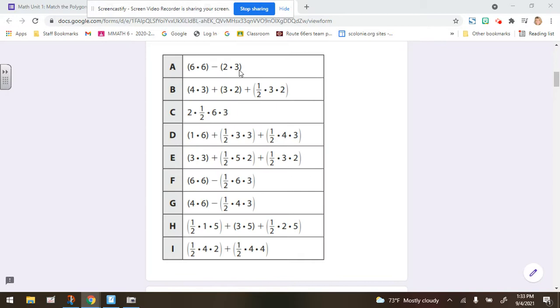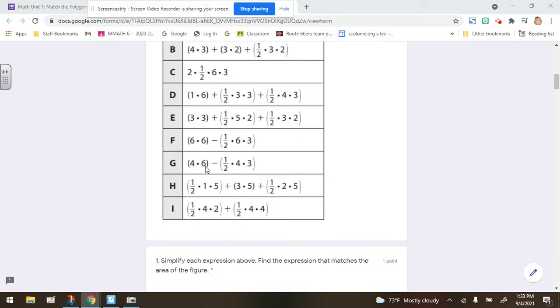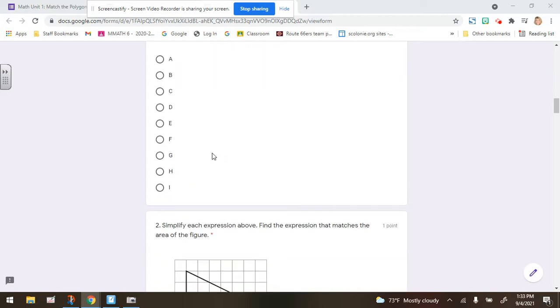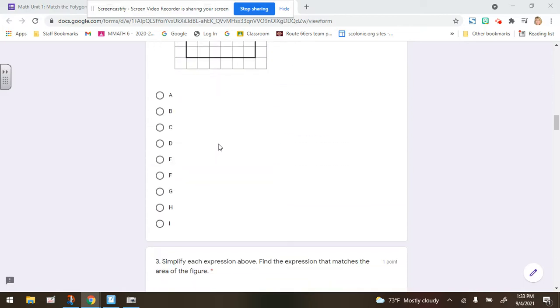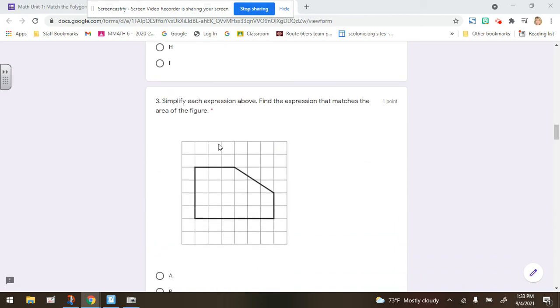So these are the expressions, and I want to talk to you about the ones that have subtraction signs and the ones that have addition signs. If you take a close look, A has a subtraction sign, so does F, and so does G. Now, as you're going through the choices, we talked in class about how subtraction means that there's like a cutout that you're going to be removing.